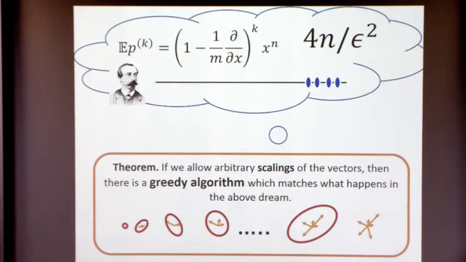Okay, so nonetheless, the theorem that we prove is that if we allow arbitrary scalings of the vectors, so remember we have one more knob to play with, and at every step we can choose a vector and a scaling, then there's a greedy algorithm which exactly matches the behavior of this dream, so that you actually get this 4n over epsilon squared convergence. And this actual proof is a greedy algorithm which gives the rule for choosing the next vector in a manner which mimics the behavior of these roots of the Laguerre polynomial.